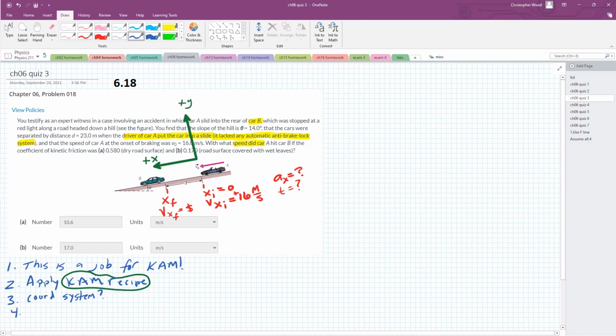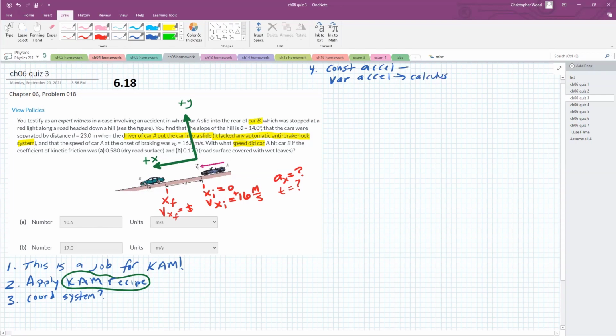Let me move over here in case I'm getting too low on the horizon. Number 4. Here's the next recipe item. Is this constant acceleration kinematics or variable acceleration kinematics? If it's variable acceleration kinematics, this is a job for calculus.